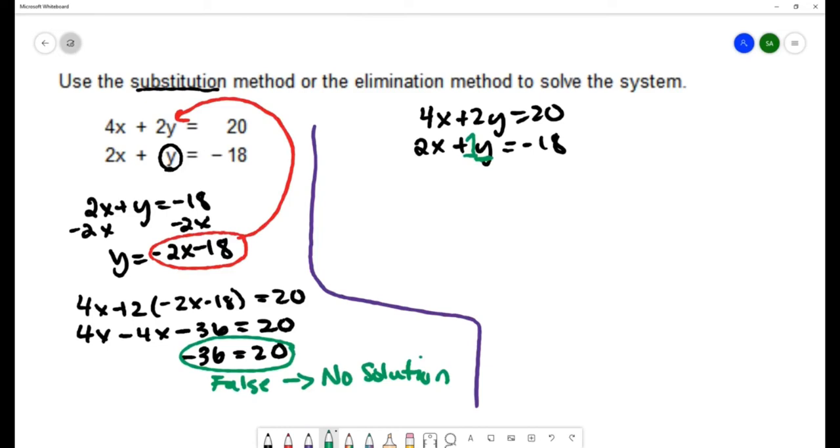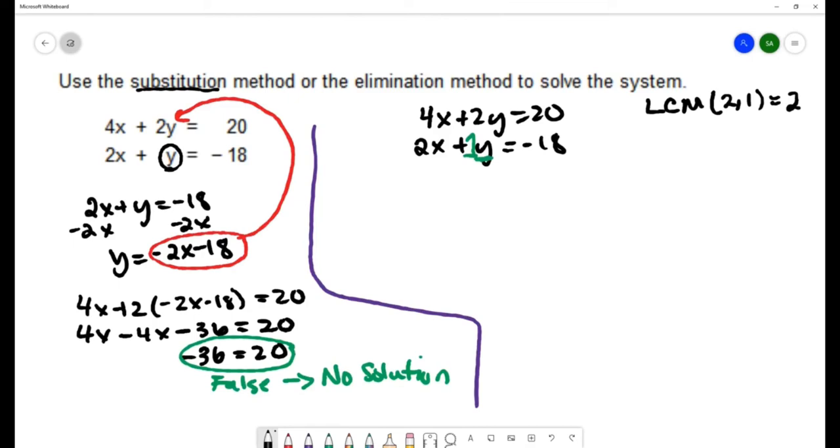What I want is for the coefficients to be the same number with the opposite sign. So I need to find the least common multiple of 2 and 1. I use the coefficients of y. And that least common multiple is going to be 2. 2 divides into 2 evenly, 1 divides into 2 evenly.